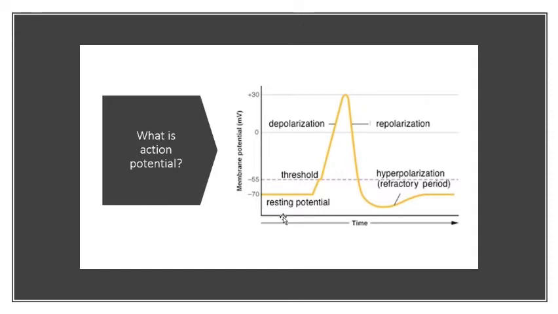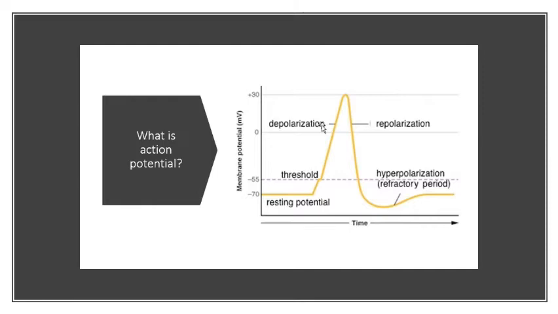As we can see here, there are different phases of the action potential. In a normal cell without any stimulus, we call this the resting potential or the resting membrane potential. This is around -70 millivolts and is non-stimulated. We have a threshold that will be experienced in order for an action potential to be triggered. That threshold is between -50 and -55 millivolts.